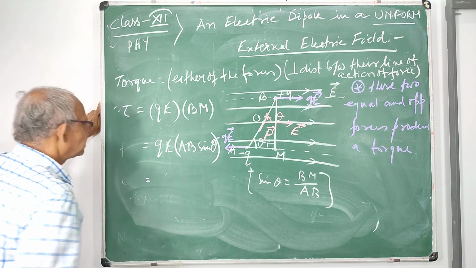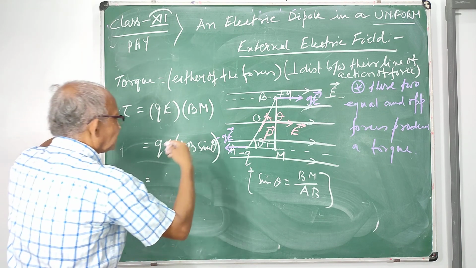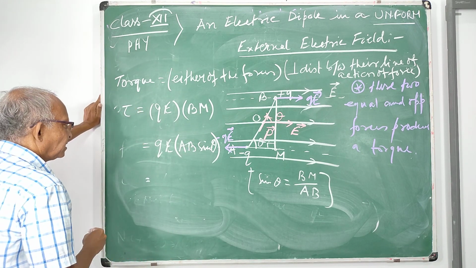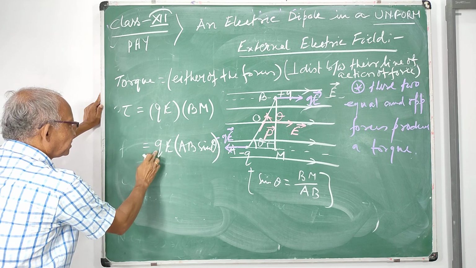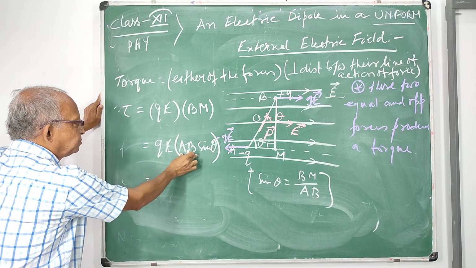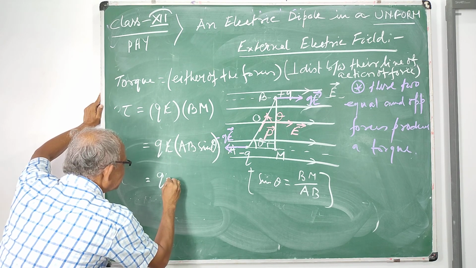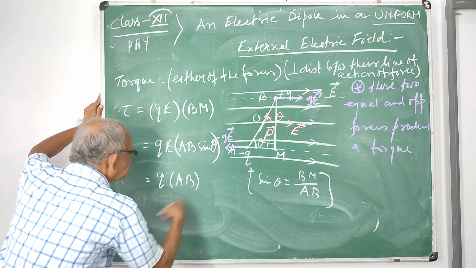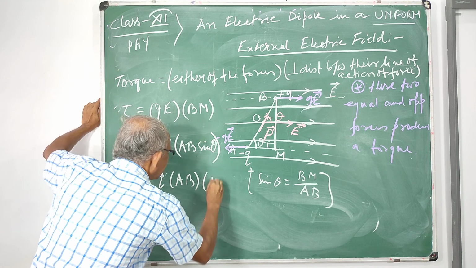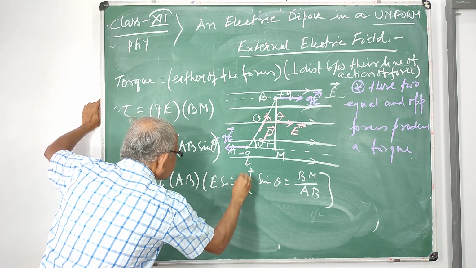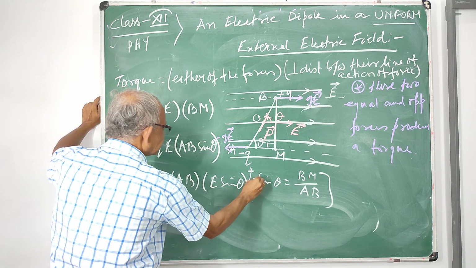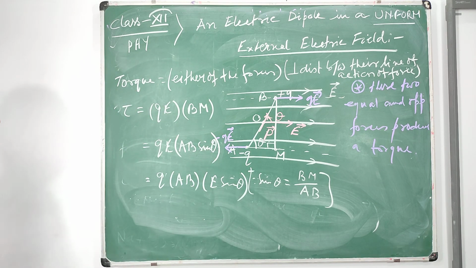Now we are writing this in a required manner. What is the required manner? Check. Q multiplied by AB, the dipole length. So I am writing Q into AB, then E sin theta. So Q into AB into E sin theta. Now why do I write Q into AB?